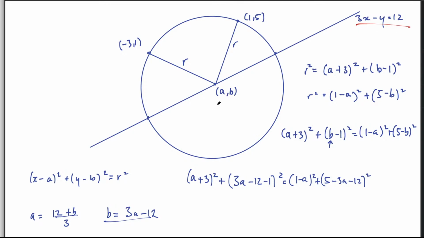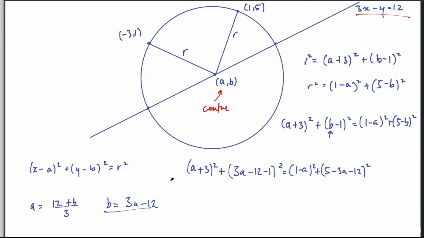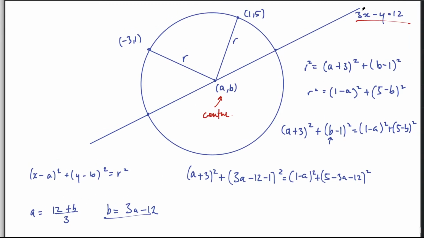So because I said this is the center, if you put a and b into this equation, this would be 3a take b equal to 12, and then we can do some algebra here, we can say b equals 3a take 12. You don't even need the equation of a line? Oh.